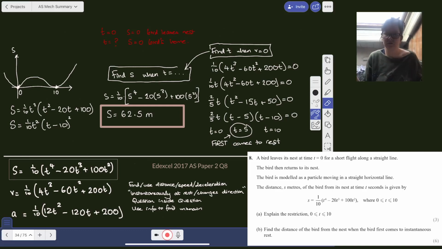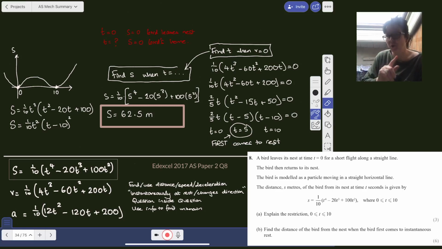After that, the model is not relevant. So the model stops at 10 because that's when the bird gets back to the nest. And that's all we're tracking. We're just tracking from the nest, away and back, stop. So because the bird gets back at 10 seconds, that is the end of us needing the model. If the model continued, if we continued to use it, then what it's saying is that the bird then flies away, away, away, never comes back.